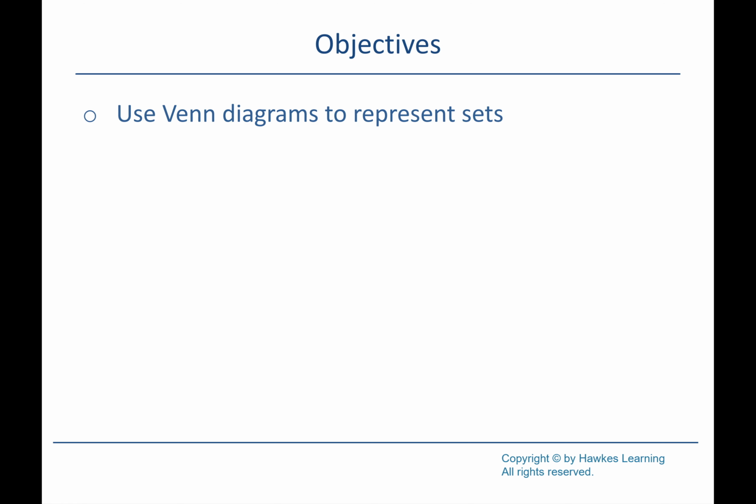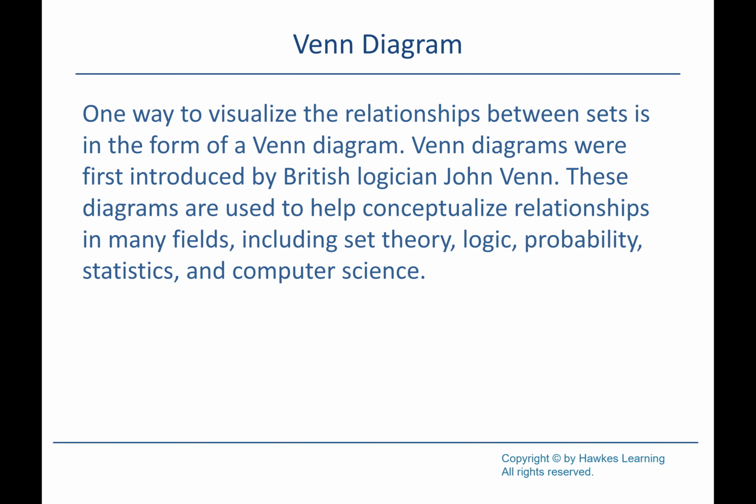You may know what a Venn diagram is just by the name. Yes, it is a diagram. They get the name Venn because it's a person's name, a British logician who popularized using these things.